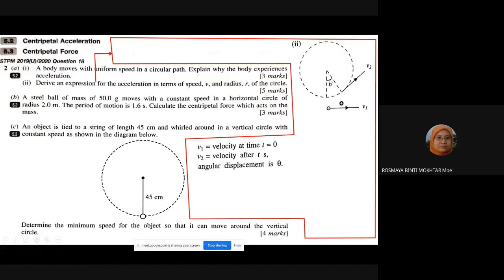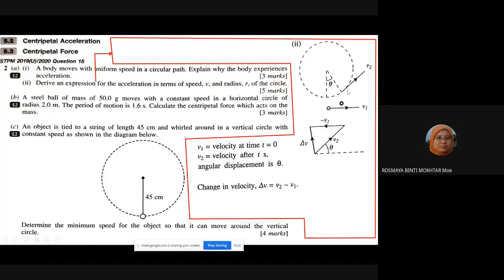The angular displacement is theta, and this theta is a very small angle. For derivation we use a very small angular displacement. And then we know that the change in velocity is v2 minus v1. So we draw a vector diagram to represent this change in velocity.